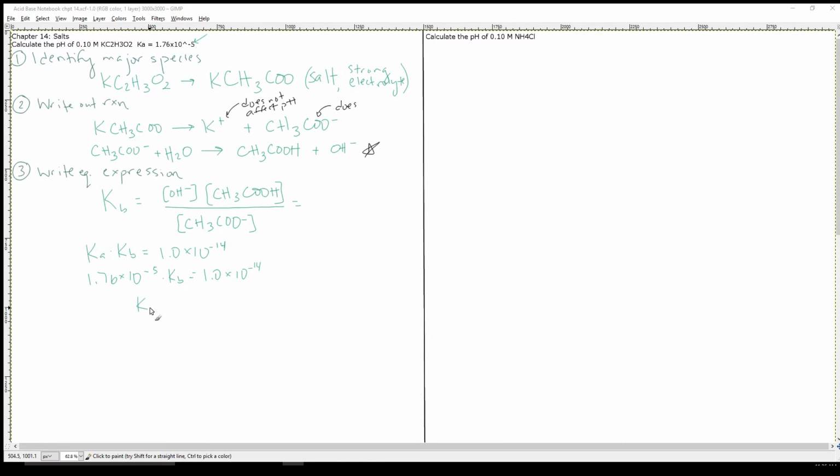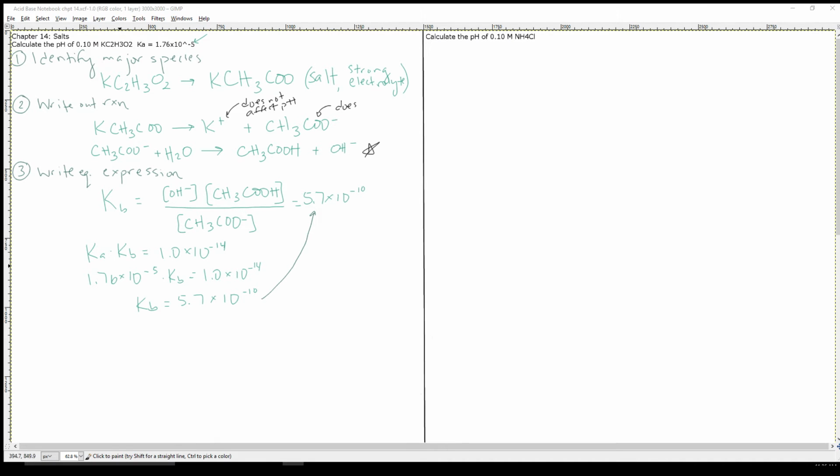So I get a Kb value of about 5.7 times 10 to the negative 10. And I'm going to take that number and insert it into my equilibrium expression. So that'll be 5.7 times 10 to the negative 10.